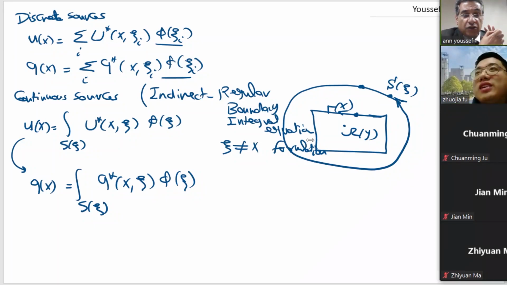You mean Trefftz's method? Yeah, Trefftz's method. To be honest, I don't really have experience in this. Professor Zhuojia Li did a lot of work using the condition number with Trefftz's method.